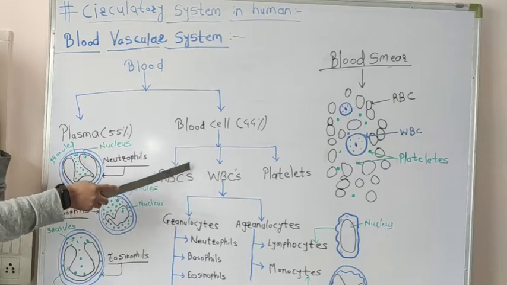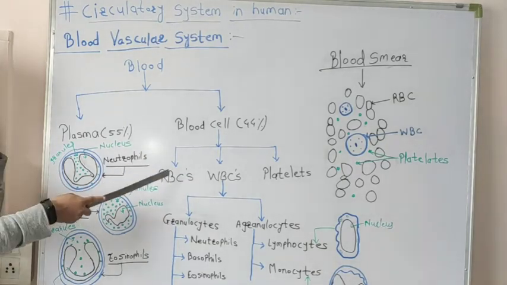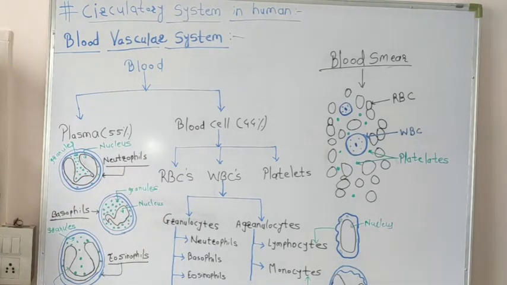First, we will see the RBC. This RBC is also called erythrocytes. And these RBC or erythrocytes are very large in number in our human body.